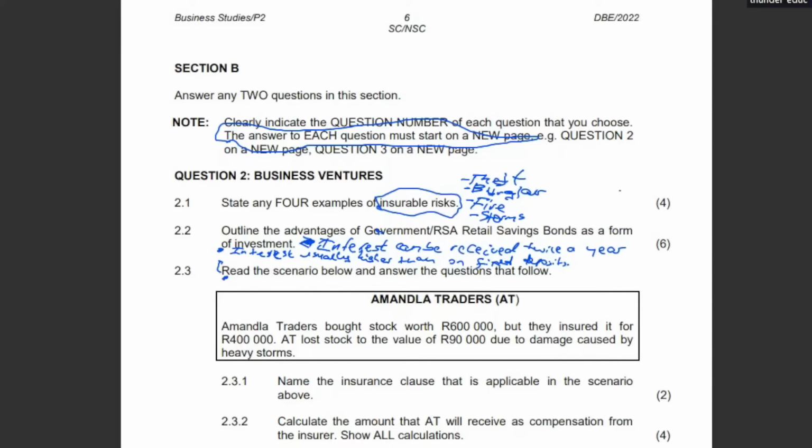The third one, we said interest rates are market related and attract more investors.